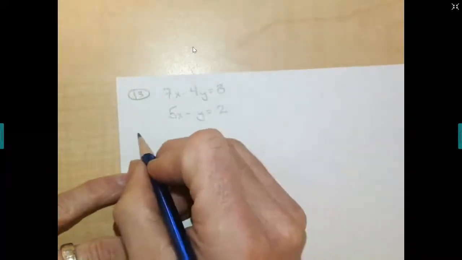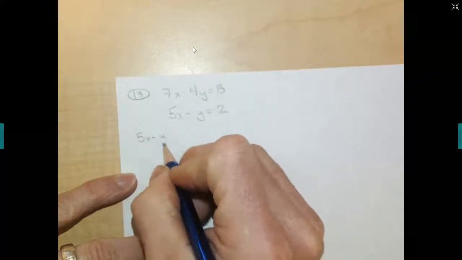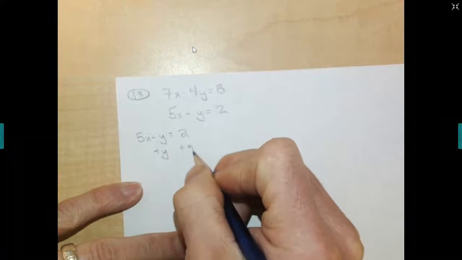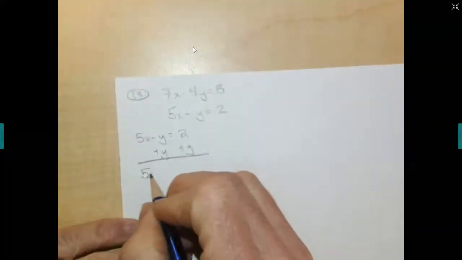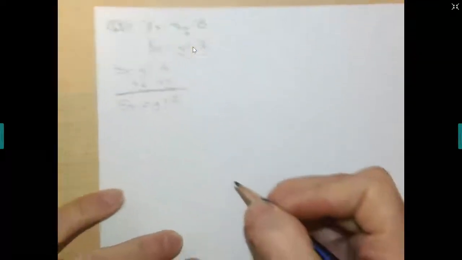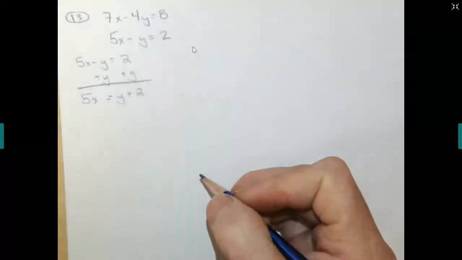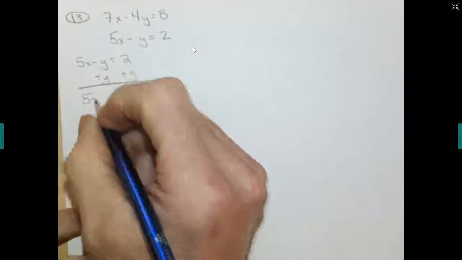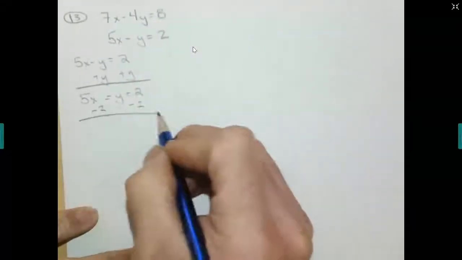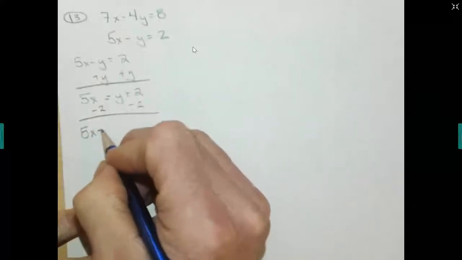So I have 5x minus y equals 2. I'm going to want a positive y, so I'm going to add y to both sides. 5x equals y plus 2. And then I'm going to subtract 2. So I get 5x minus 2 equals y.